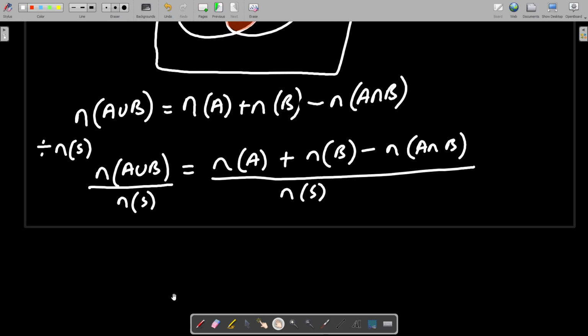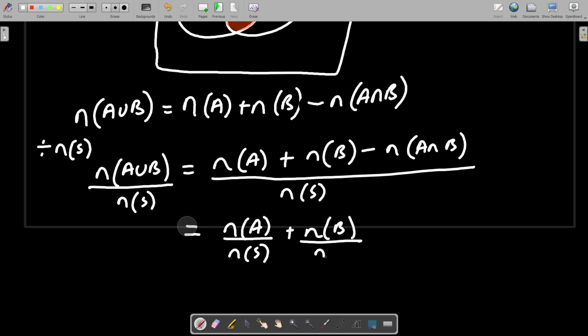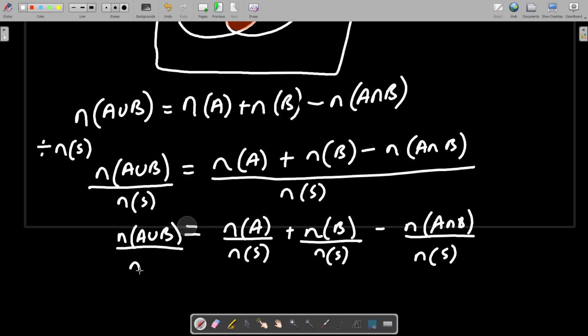But then, what is this actually? This can be written as number of elements in A upon number of elements in S plus number of elements in B divided by number of elements in S, and so on. What is this defined as?